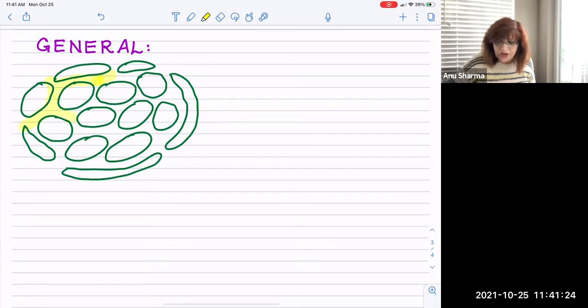Inter means in between these molecules, and intra is inside, so these are intermolecular spaces.